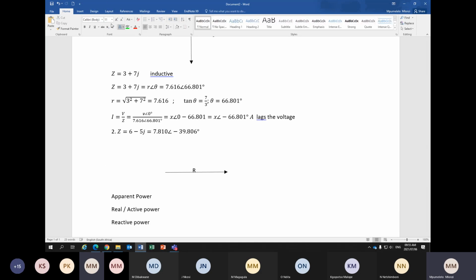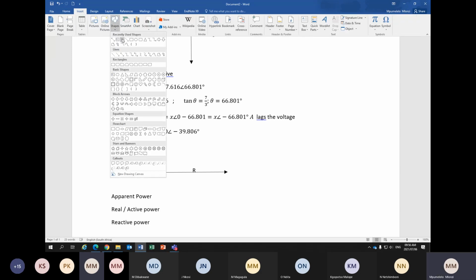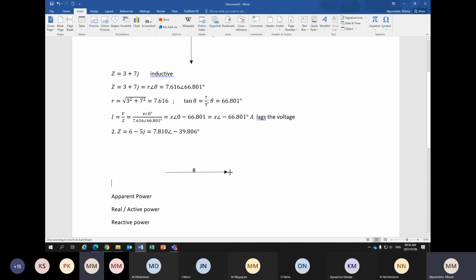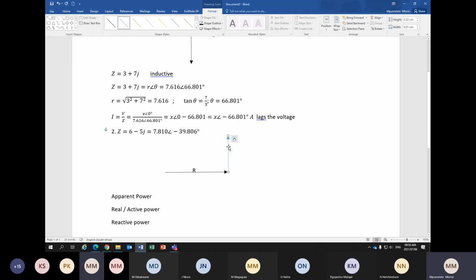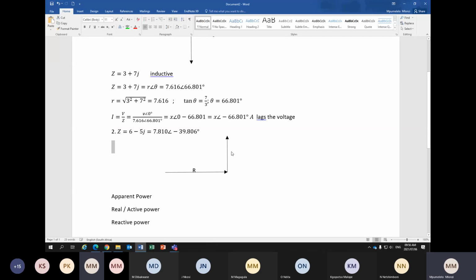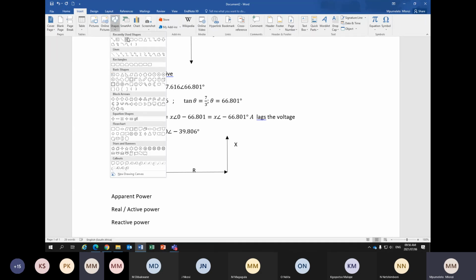And on the vertical line, we have our X. I'll explain the X and what's the difference.